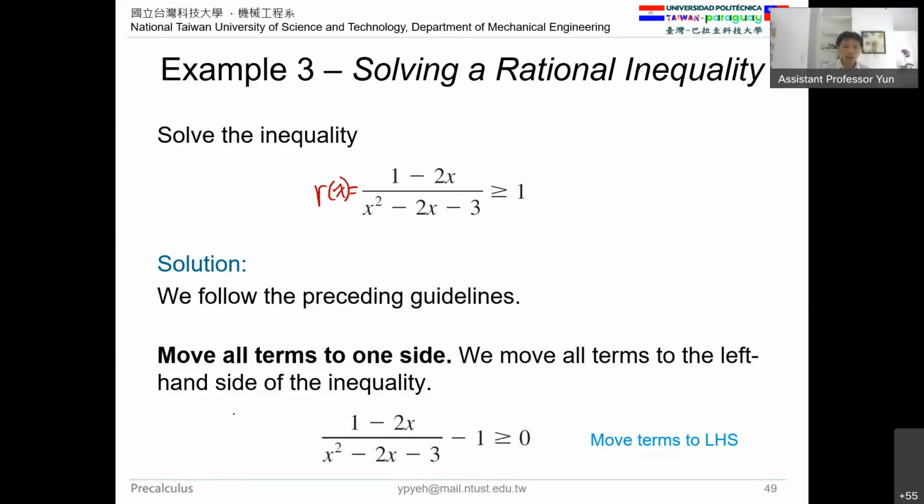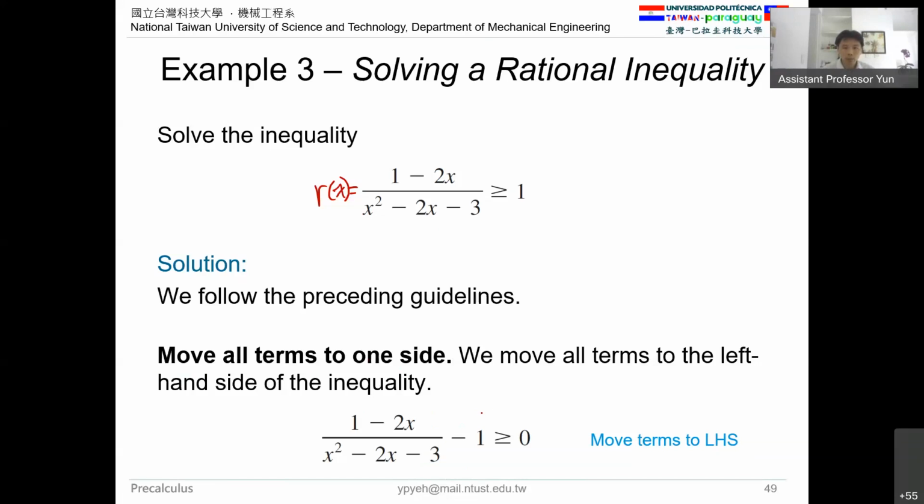Okay, so the following is the procedure: we move all the terms to one side. We move this one to the left-hand side here, which will be subtracting 1 here. And then we are just doing the further evaluations, and we use the same denominators, right?